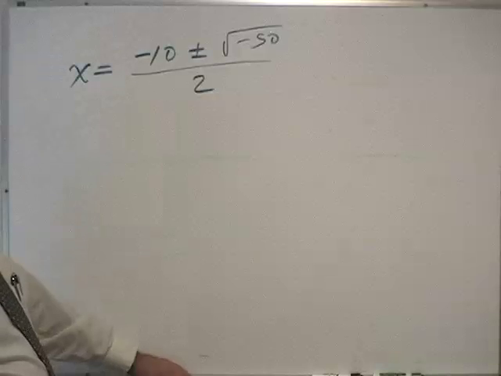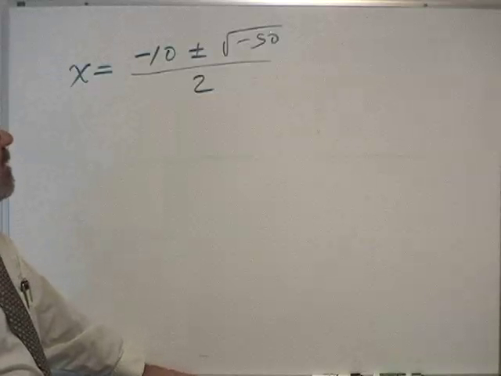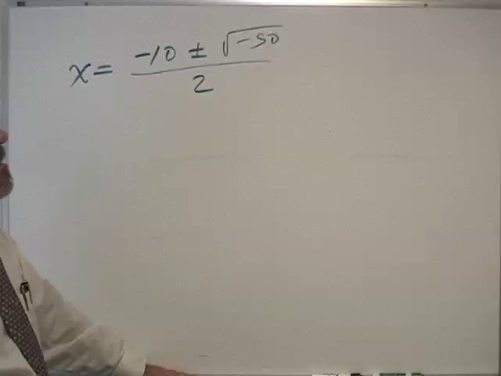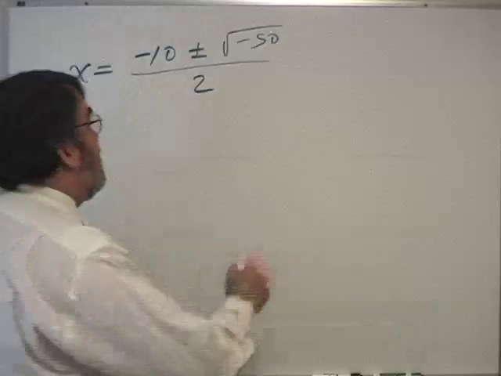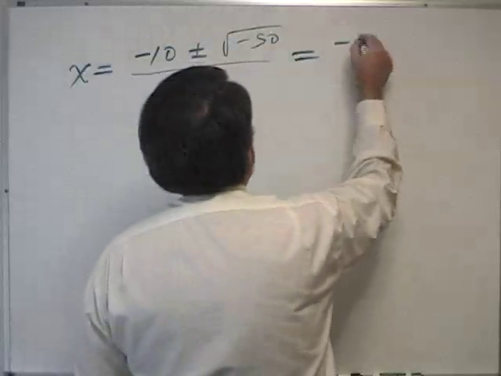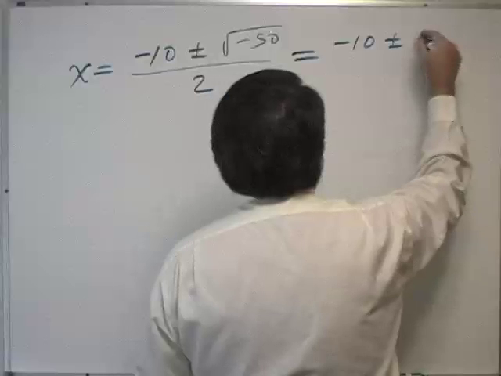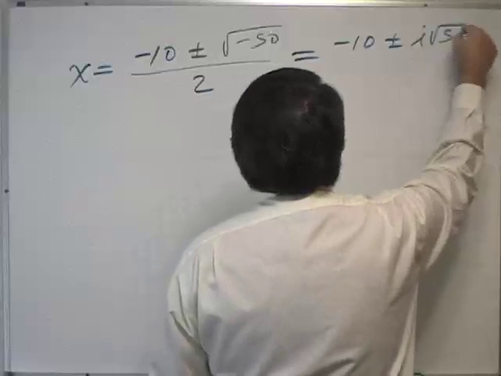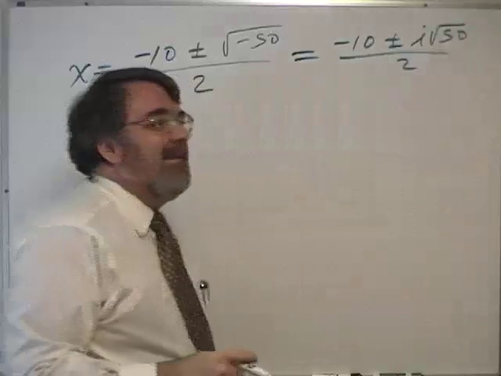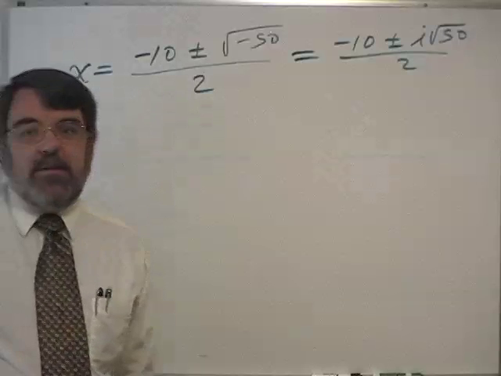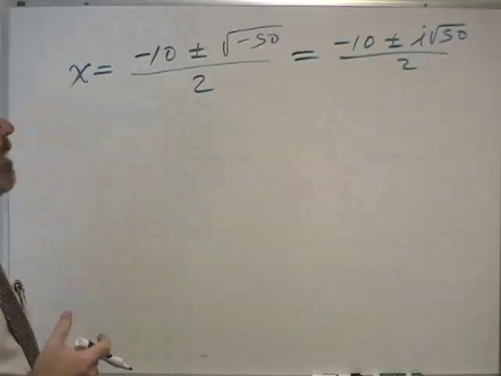Okay, well, we can do some simplifying here. The square root of negative 50, for starters, is a complex number. So this would be negative 10 plus or minus i times the square root of 50 over 2. So there it is, written in complex number form.